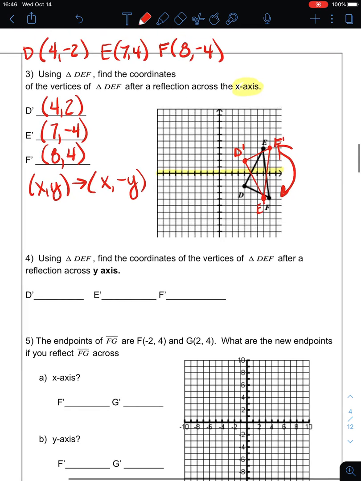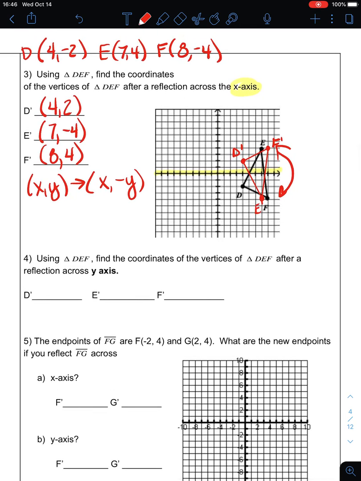So now, if we go back to this, let's just use the rules and not use the picture to reflect those same points, D, E, and F, across the y-axis. So if I want to flip them across the y-axis, remember that your rule is that x, y becomes... if I'm flipping across the y-axis, I'm changing horizontally. So my x value will change and my y value will stay the same. So my original value was at 4, -2.